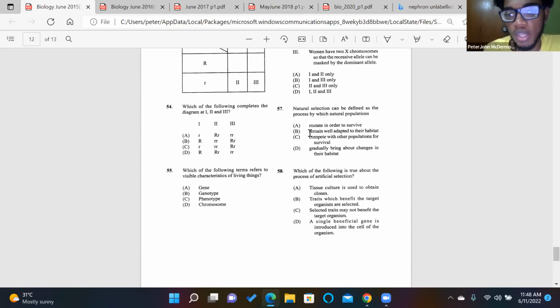Competing with other populations for survival, I wouldn't necessarily put it as other populations. It's competition within the same population. Gradually bring about changes in their habitats. It's not changing their habitat, the change is within them. Remain well adapted to their habitat. Sure. But mutate in order to survive, that could also be a potential answer. So let's see which one it is.